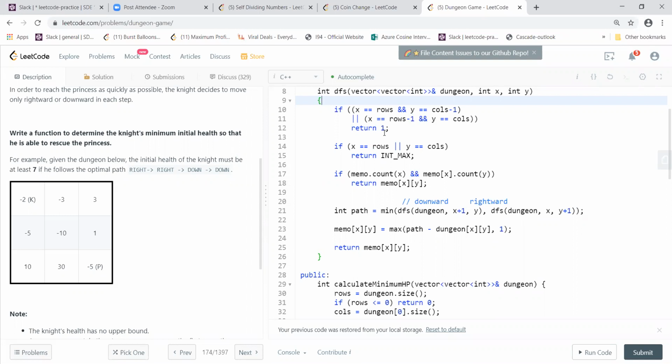But if you still want to do that, there could be one idea: you start from the first cell and binary search the answer. Why binary search? Because this is a monotonically increasing function of health. If I can survive with health 20, then I should be able to survive on higher health for sure.